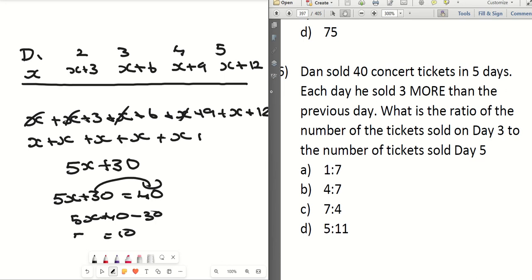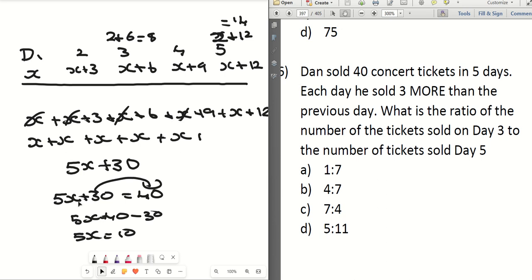And you can already see that x is equals to 2. So they said we have to compare the ratio for day 3 to day 5. So this is 2 plus 6, that's 8 on day 3. And day 5 is 2 plus 12, which is equal to 14.